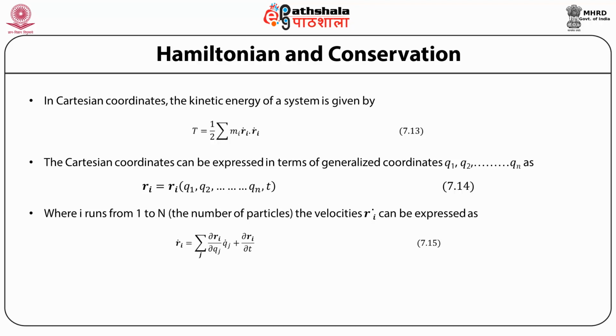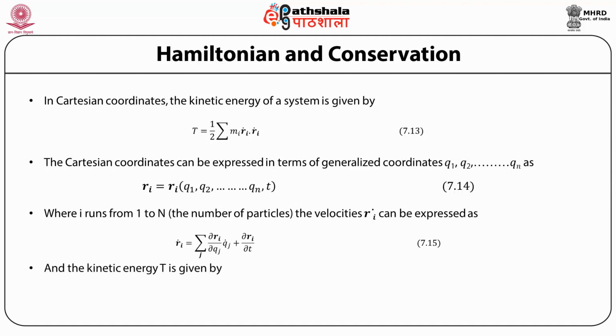It's easy to see because ri is a function of the generalized coordinates and time t. Therefore, its total derivative with respect to time can be obtained by the usual chain rule, and ri dot can be written as the partial derivative of ri with respect to qj multiplied by qj dot plus the partial derivative of ri with respect to t, summed over all j's.